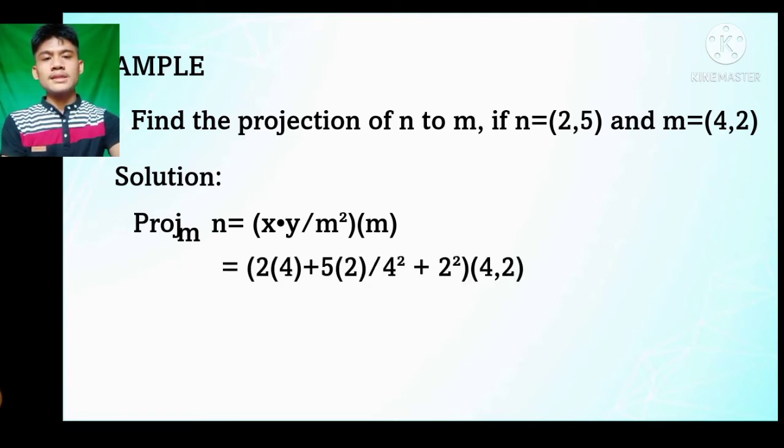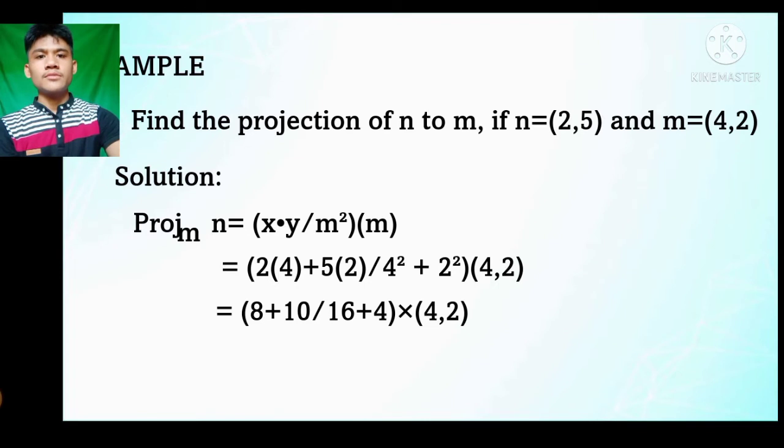Since this is a dot product, we multiply the x's, 2 and 4, and the y's, 5 and 2, then add them. So we have 5 times 2 for the y, over the value of our point m, 4 squared plus 2 squared, and then the value of our m, again 4 and 2.